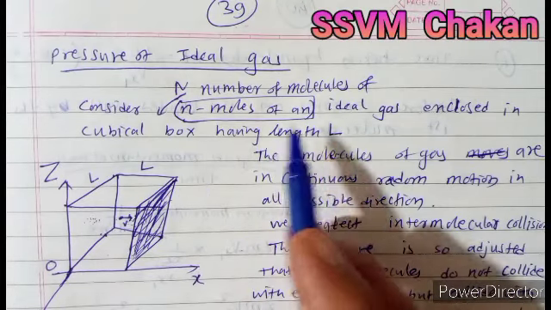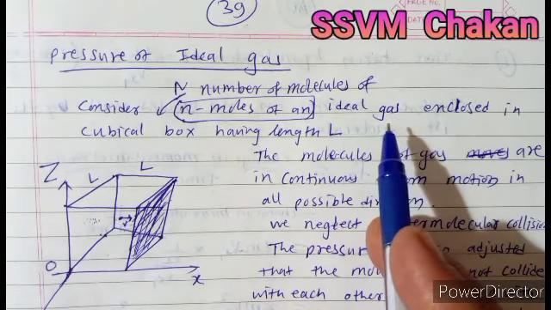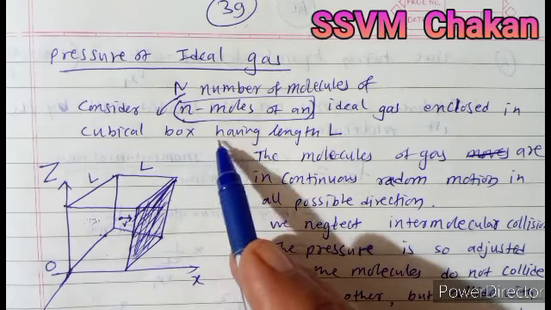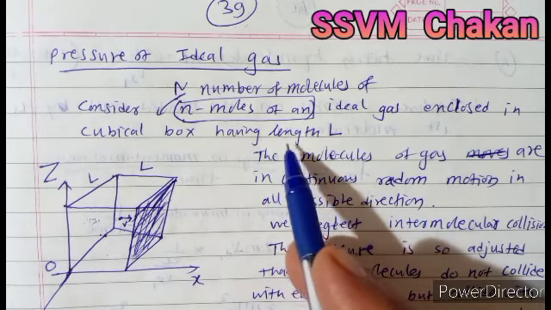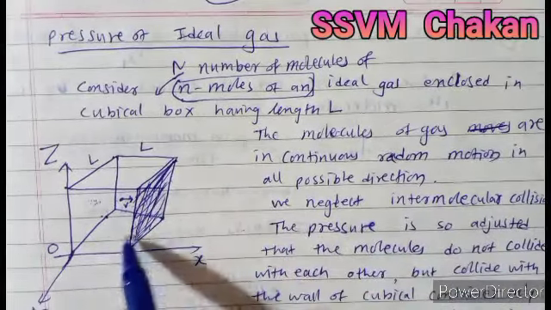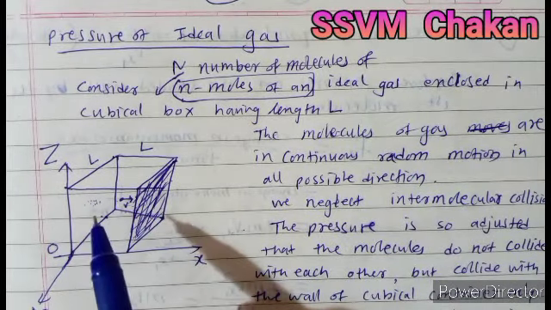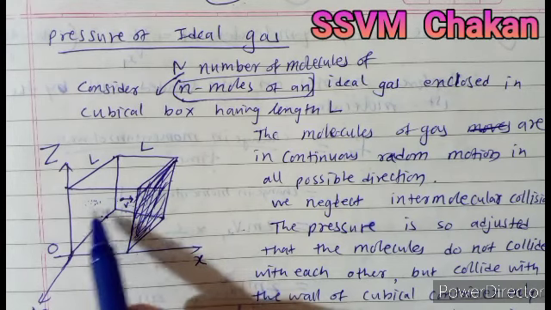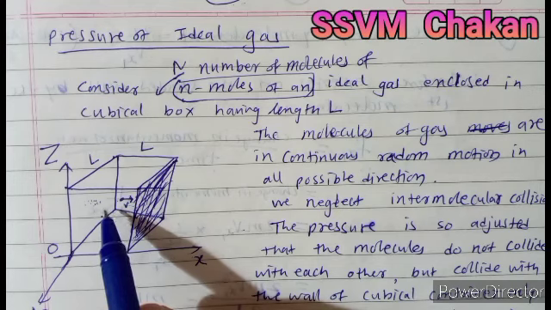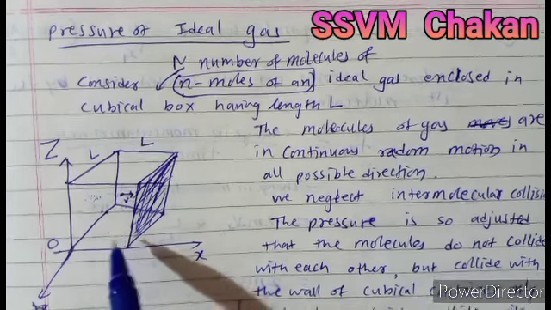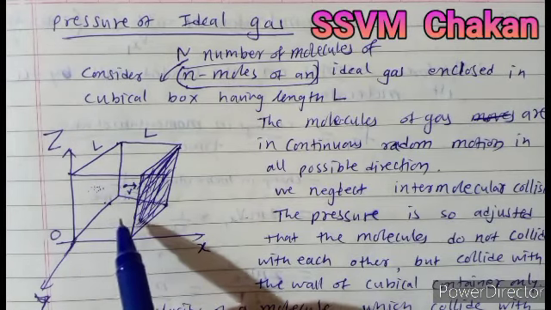Consider n number of molecules of an ideal gas enclosed in a cubical box having length capital L. So this is a cubical box which contains an ideal gas. All the molecules travel in all directions. The edges of this cube we take along the x, y and z axes.